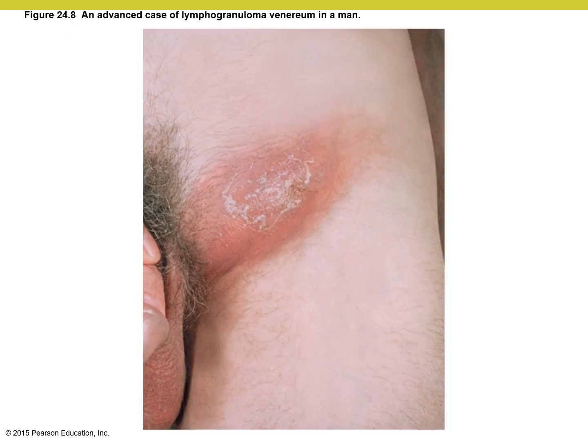This is an example of an advanced case of lymphogranuloma venereum that we mentioned just earlier.